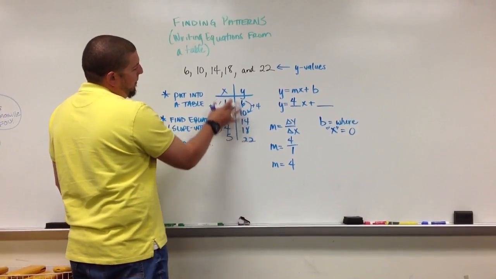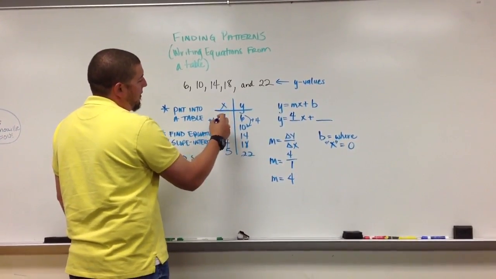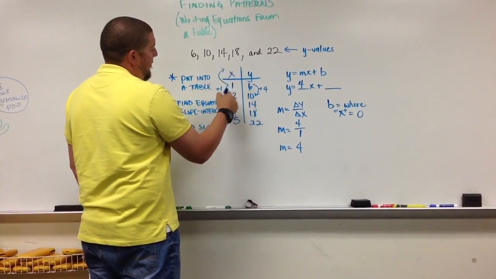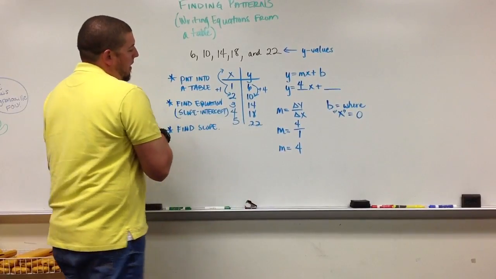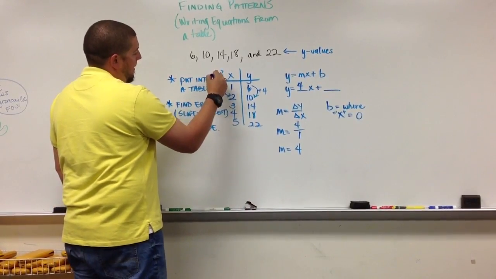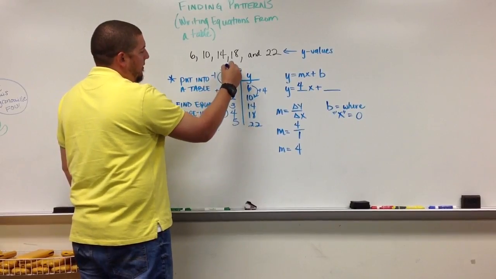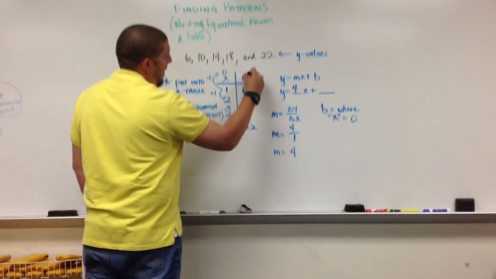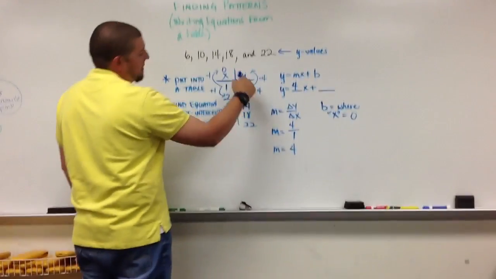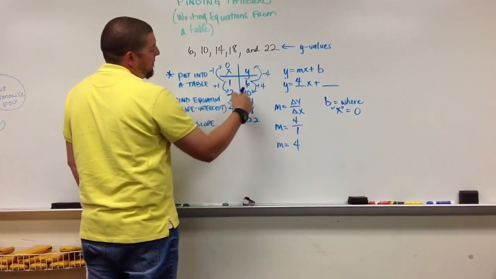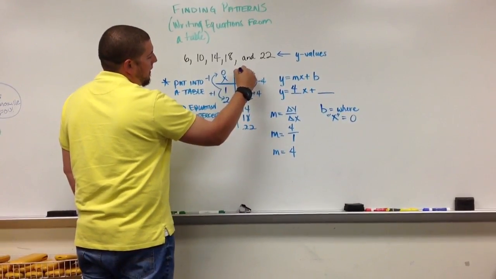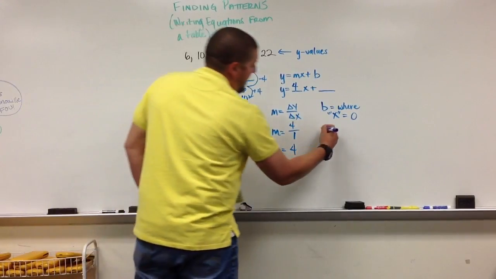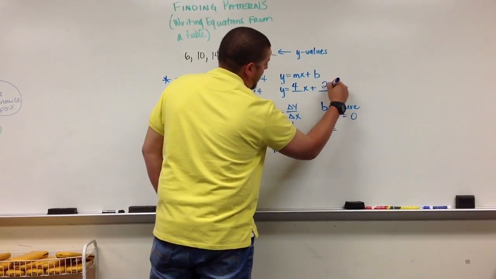If I'm looking at my table here, all I have to do is go back 1, right? If I go back 1 on my table, I would subtract 1. Well, 1 minus 1 is 0. If I go back in this category, I subtract 4, because going forward is adding 4, going back is subtracting 4. So 6 minus 4 is 2. So my x is 0, my y is 2, so my b must equal 2.